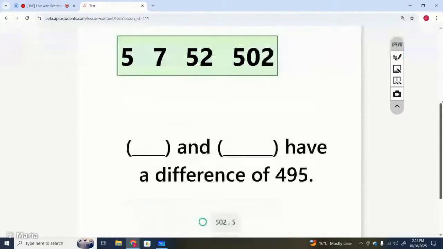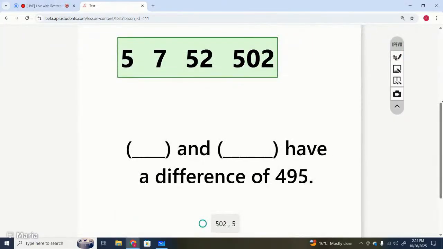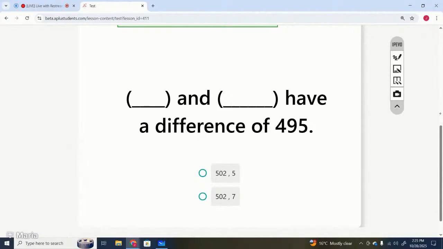Choose two numbers from the box to complete the sentence. Which two numbers have a difference of 495? You are given two of the options, right? You can check them one by one.